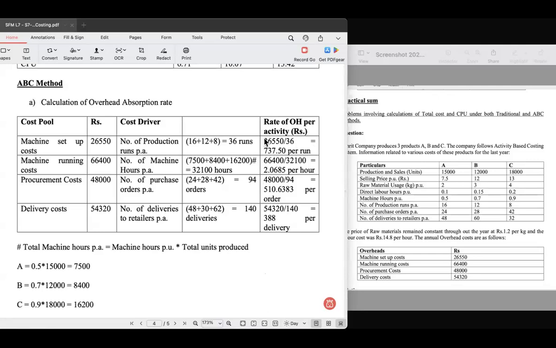So I need 16 responses. Let's see. 1, 2, 3, 4, 5, 6, 7, 8, 9, 10, 11.